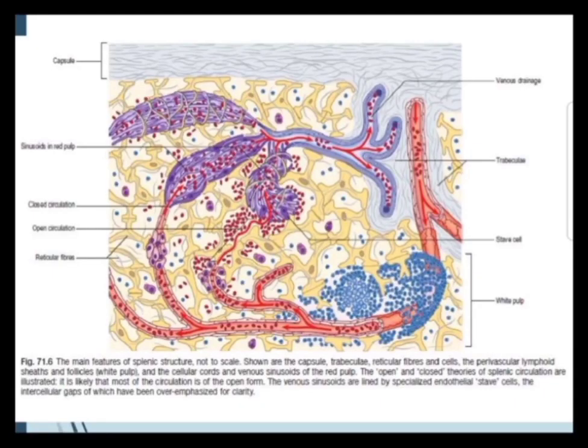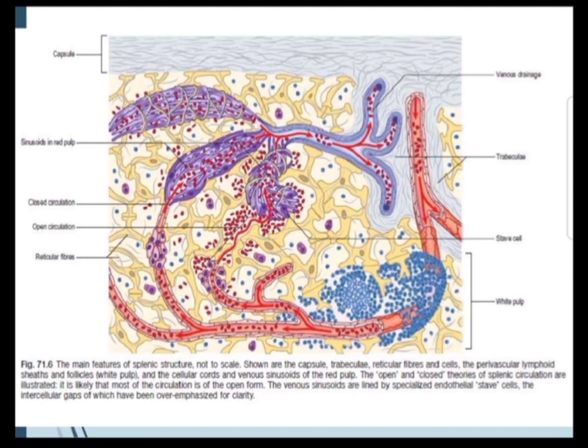Let's talk about the functions of the spleen. The filtration of the blood is the major function. The spleen constitutes an important defense center against the microorganisms that manage to enter the circulation. Owing to the abundance of phagocytic cells and close contact between the blood and the cells, the spleen reacts promptly to remove the antigens carried in the blood.